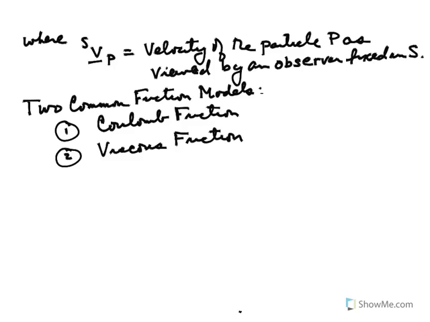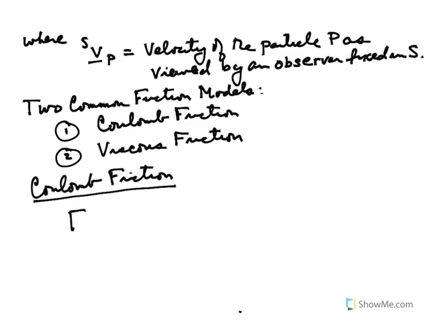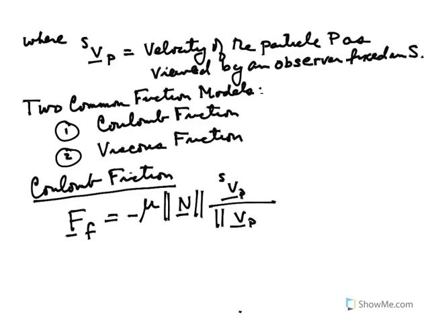Now, let's do Coulomb friction first. Coulomb friction, which is also dynamic Coulomb friction because I'm dealing with motion. The model is as follows. F sub f is equal to minus a constant, which I'm going to call mu, times the magnitude of the normal, times VPS, all divided by the magnitude of VPS.